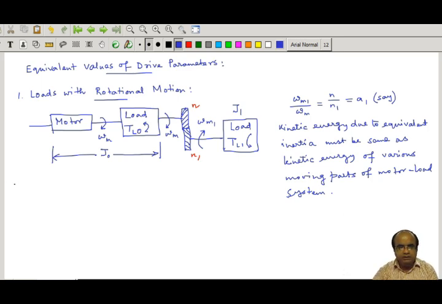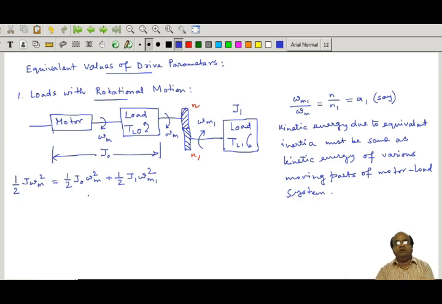Now we can write half J omega m square, where J is the equivalent moment of inertia of the entire system, can be equated as half J0 omega m square, because this J0 is faced by this motor, plus half J1 omega m1 square.